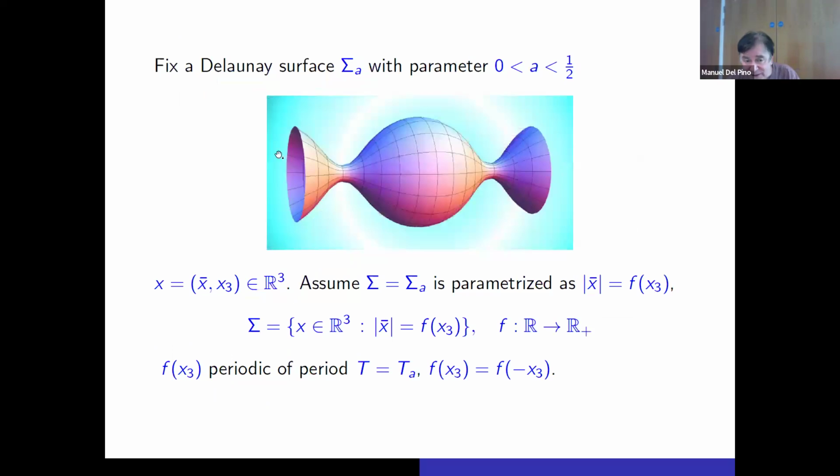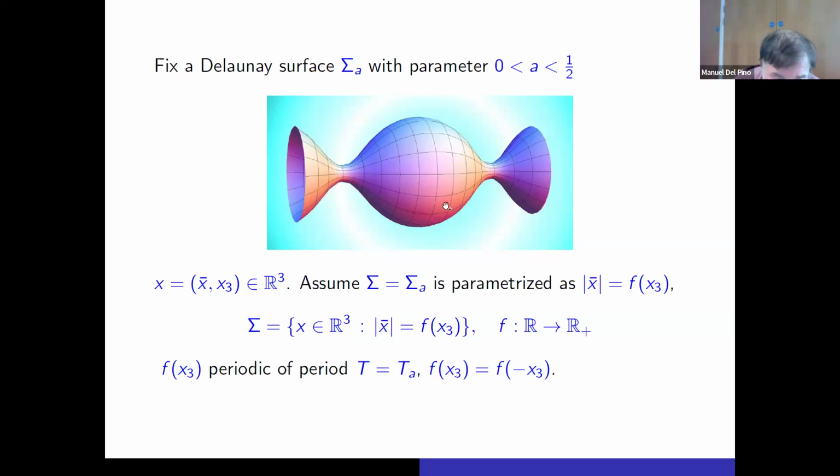Okay, here is another picture taken from the web, for the Delaunay surface. What I will fix from now on is a Delaunay surface, sigma A, with parameter A between 0 and 1/2. A, I remind you, is just the neck size.